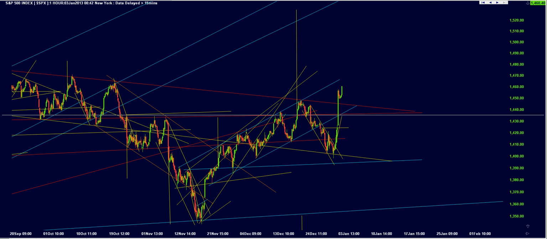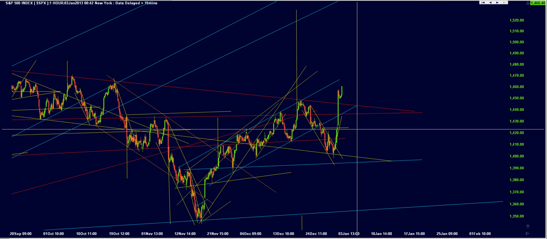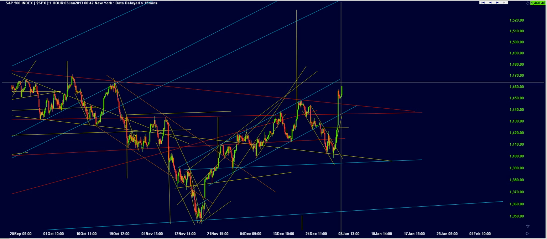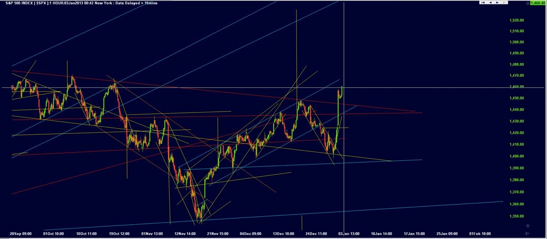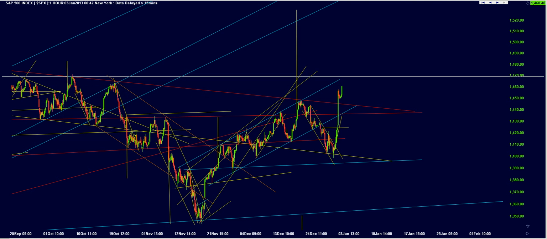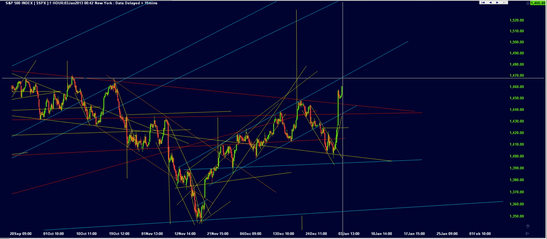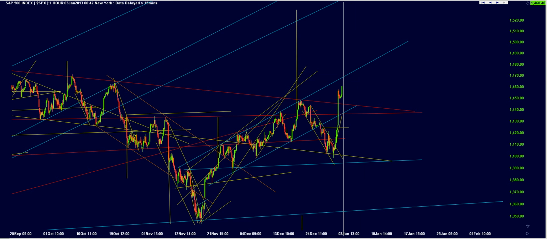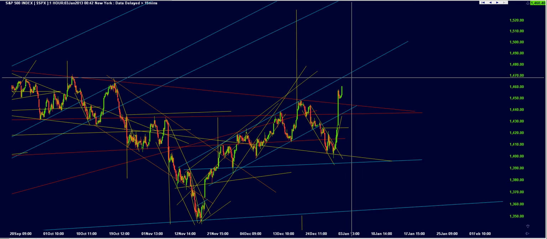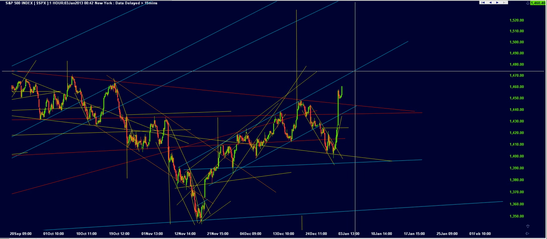So what do we expect from this point on with the S&P 500? Well, the fact that we've seen this gap up and that we've come up to this area now, well, we do have this overhead resistance area that is rising, and you'd expect that the S&P may just tag on this area, and this may act as resistance. There's nothing to say that the S&P won't get over this area.